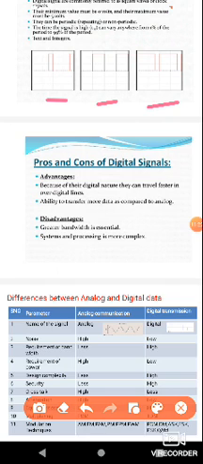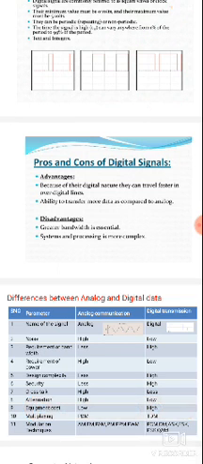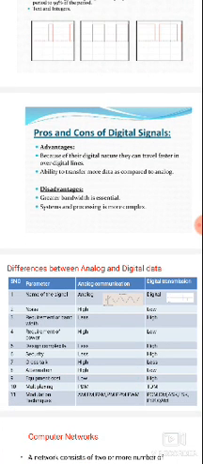The main advantage of digital signals is that, because of their digital nature, they can travel faster over digital lines. Next, the ability to transfer more data compared to analog signals. So digital signals are used for faster data transmission, and noise is also less compared with analog signals.